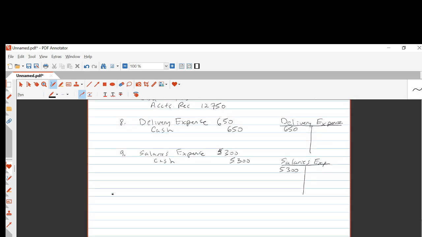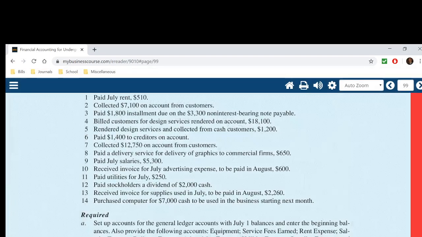Number 10. Received the invoice for July advertising expense to be paid in August, $600. So advertising expense goes up $600 and cash isn't involved because it says to be paid. We didn't pay it. So we have a payable to the advertising company.